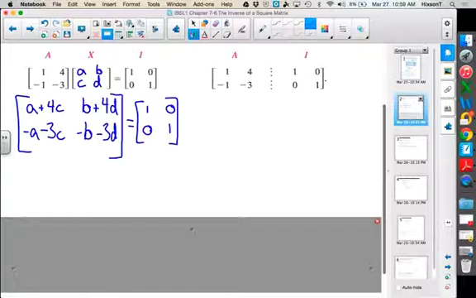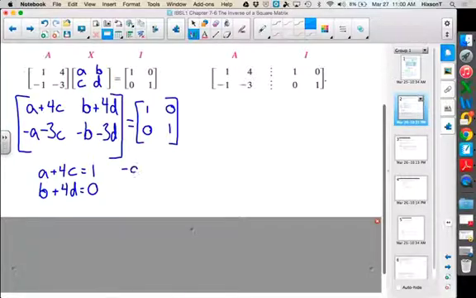So what could I do? Just set up a system of equations. A plus 4C equals 1. B plus 4D has to equal 0.